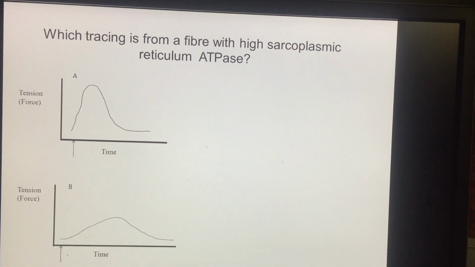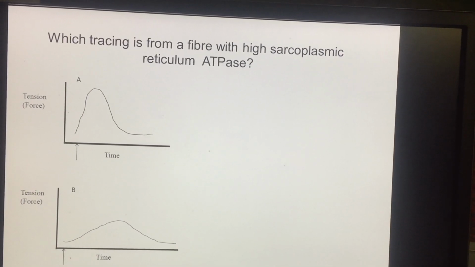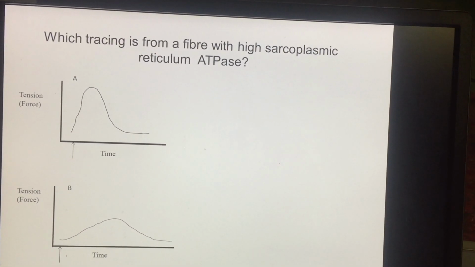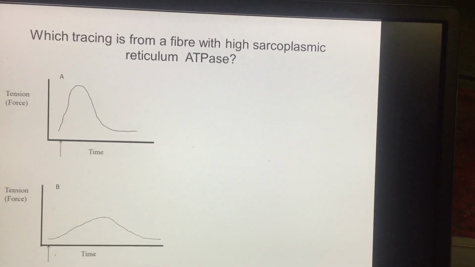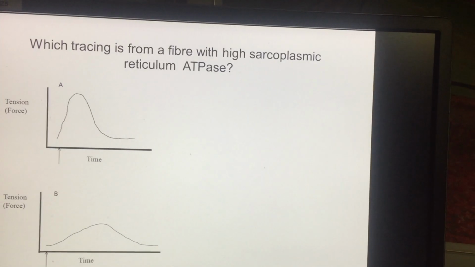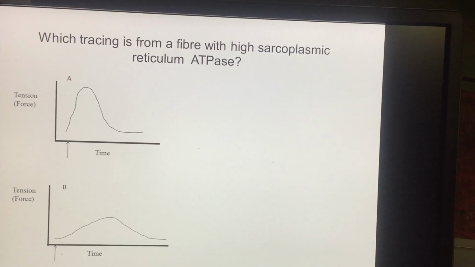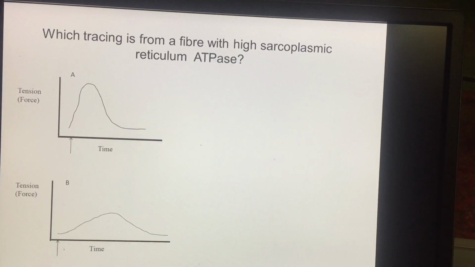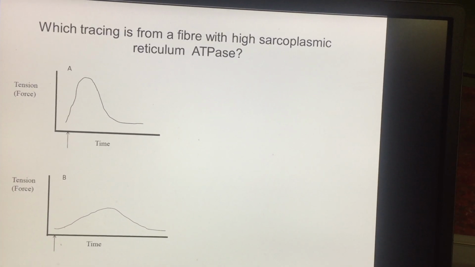Now, which tracing is from a muscle fiber with a high sarcoplasmic reticulum ATPase activity? Recall the purpose of the sarcoplasmic reticulum ATPase is to break down ATP so that you can pump calcium back into the sarcoplasmic reticulum after muscle contraction.